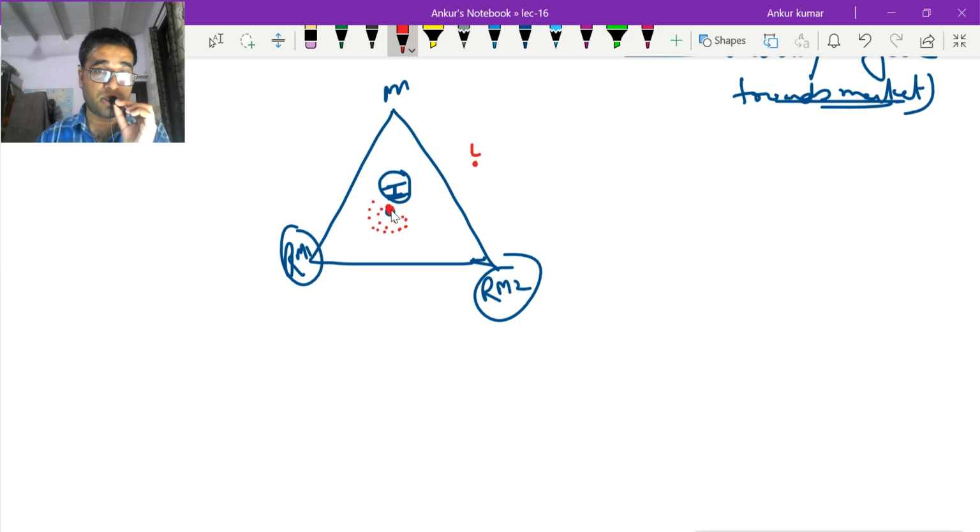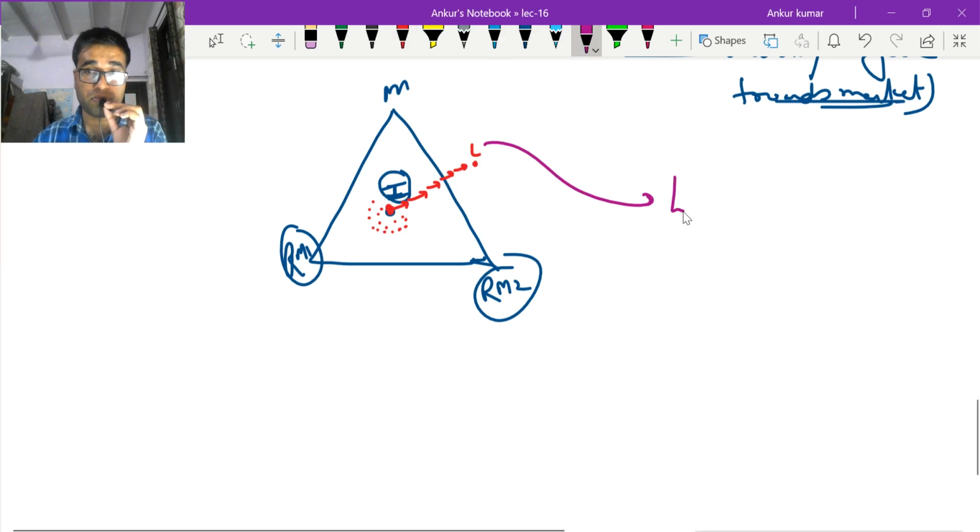So what will industry try to do? Industry will try to shift or migrate toward the least labor cost location. So this is the least labor cost location, and this has the low labor cost as compared to this point.